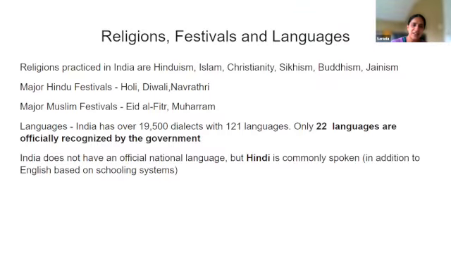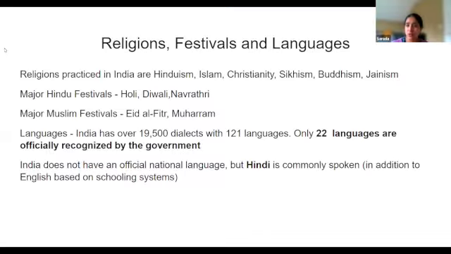So today in India, we have the major religions, which are Hinduism, Islam, and Christianity. There are more religious groups, which are Sikhism. Sikhism is pretty much in the northern side of India. We have Buddhism, Jainism as well. Some of the Hindu festivals that are celebrated are Holi, Diwali, and Navratri.